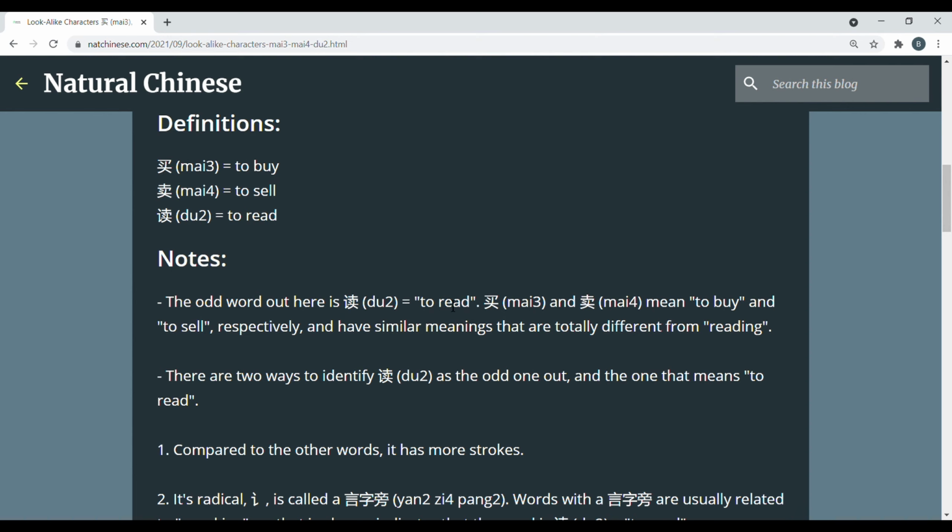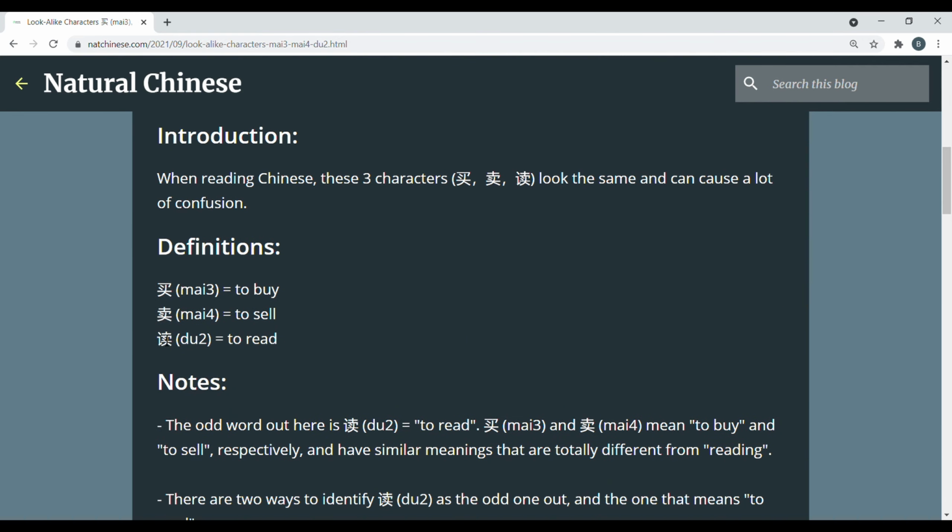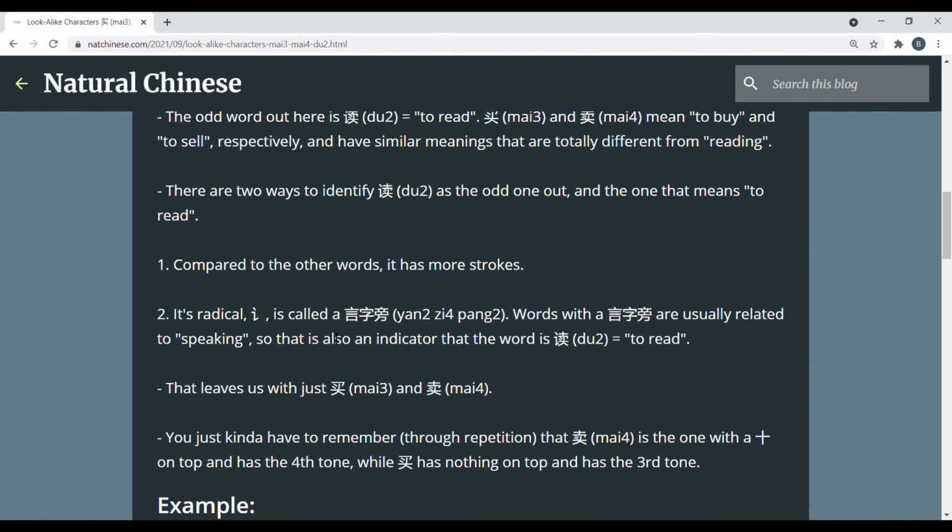So out of our 3 characters, the odd one out is definitely dú, because it means to read, and that has nothing to do with buying or selling. So I would say there are 2 ways to identify dú as the odd one out. Compared to the other words, it has more strokes. So it's the character with the most strokes. So if you see a character with a lot of strokes, you can probably guess it's dú, which means to read.